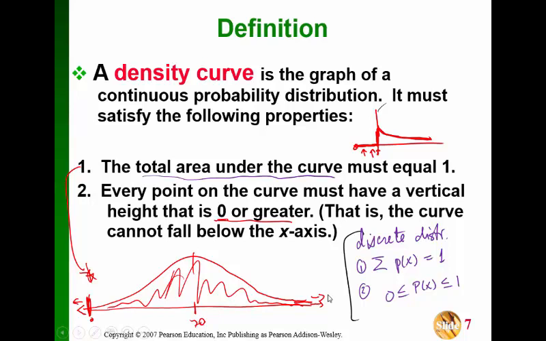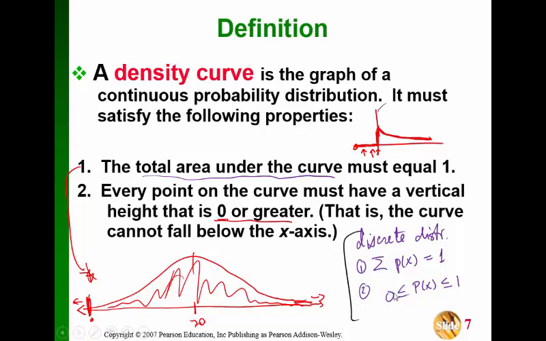Now, it doesn't make sense to have somebody that's 3,000 inches tall, but mathematically we still need to consider that. It will have a very small probability, but we still need to consider it. Okay, so that's a density curve, and more specifically for our normal distribution, our density curve goes to positive and negative infinity in both directions.